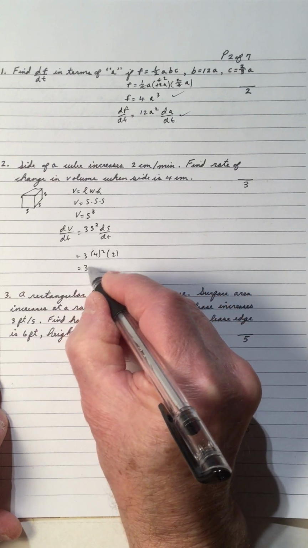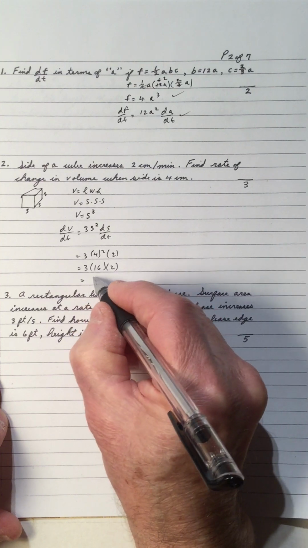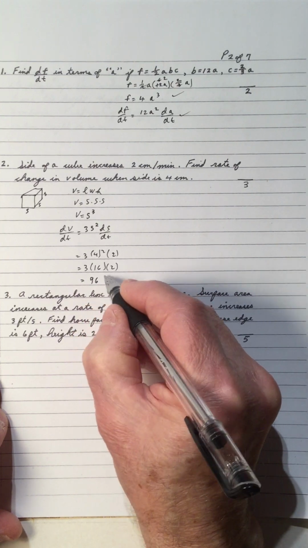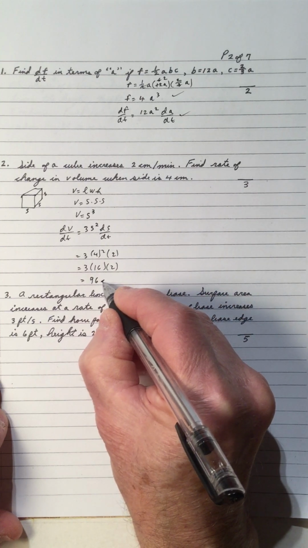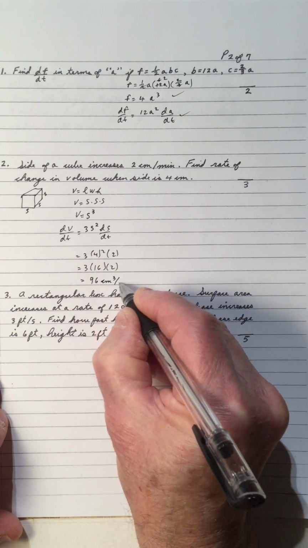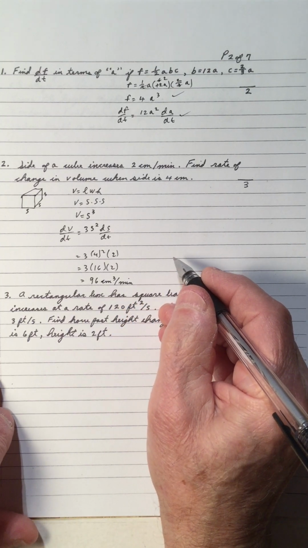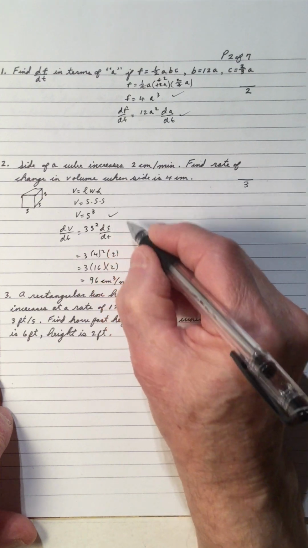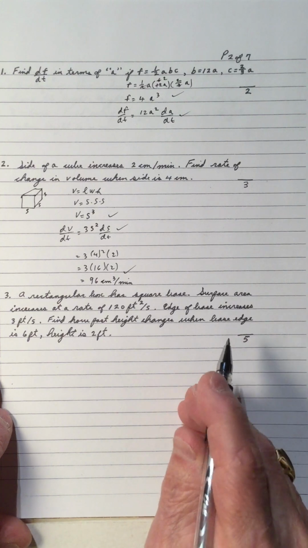So that gives us 3 times 16 times 2, and 6 times 16 is 96. And it's a volume we have to find, so it's cubic centimeters per minute. So there's 3 marks there. If you have the equation, the derivative, and this answer, you get 3 marks.